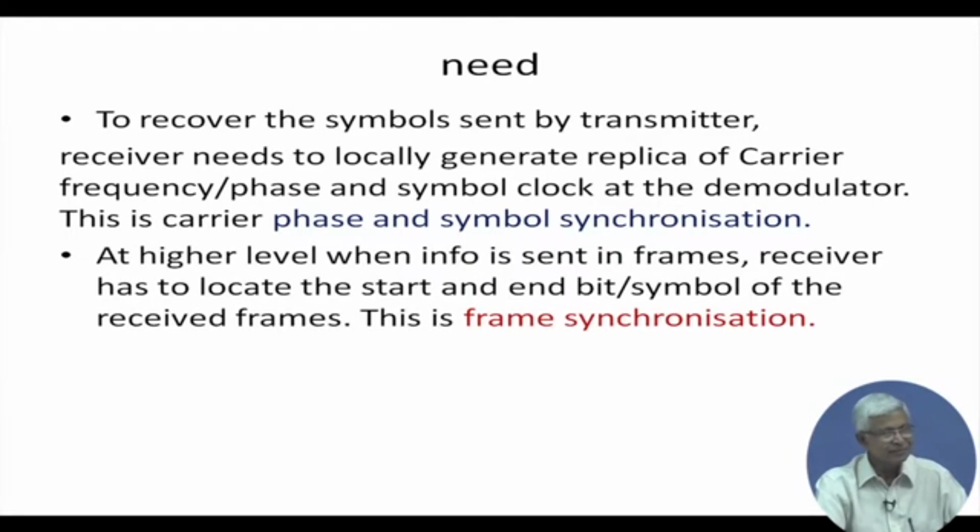What is further required, at a higher level, is that when this information is sent in frames, and most of the time it is sent in frames, like in internet communication, where the internet protocol uses packets, which are a form of a frame, or in TV transmission, where they use TV frames in digital video broadcast via satellite, and also in other cases, in most cases it goes in the form of frames.